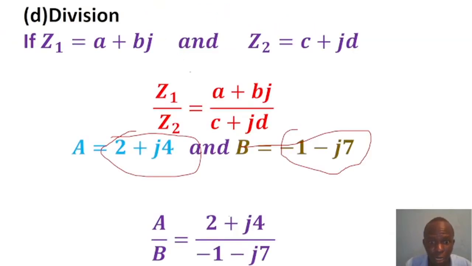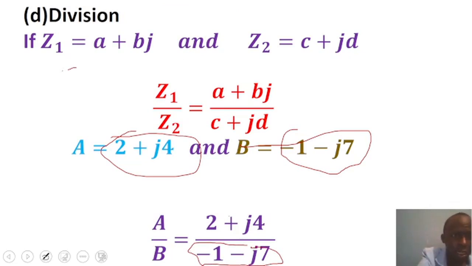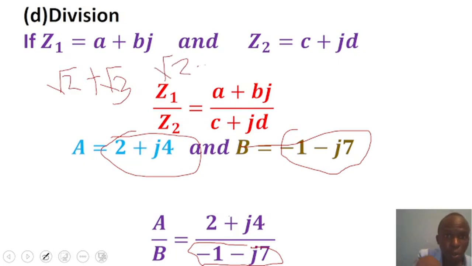Allow me to go back a little bit. This is the denominator. I want to take you back to surds. Let's say root 2 plus root 3. The conjugate of that surd is root 2 minus root 3.